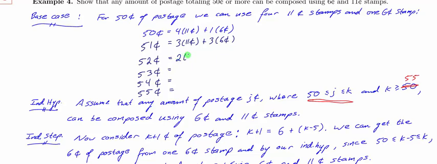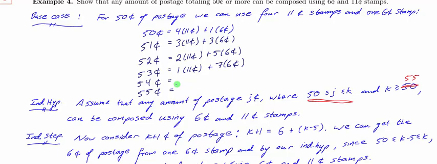Take away another 11-cent stamp, add in 2 more 6-cent stamps, that'll get us to 52. Take away one of those 11-cent stamps and add in 2 more 6-cent stamps. That'll give us 53.